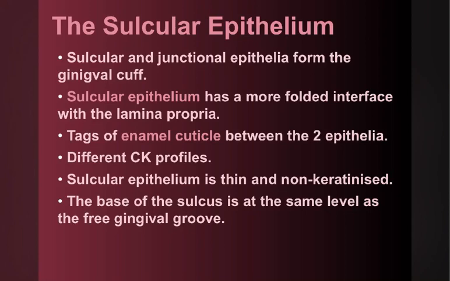The base of the sulcus is at the same level as the free gingival groove. The free gingival groove is external, and the base of the sulcus is internal. Internal means toward the tooth, external means away from the tooth.